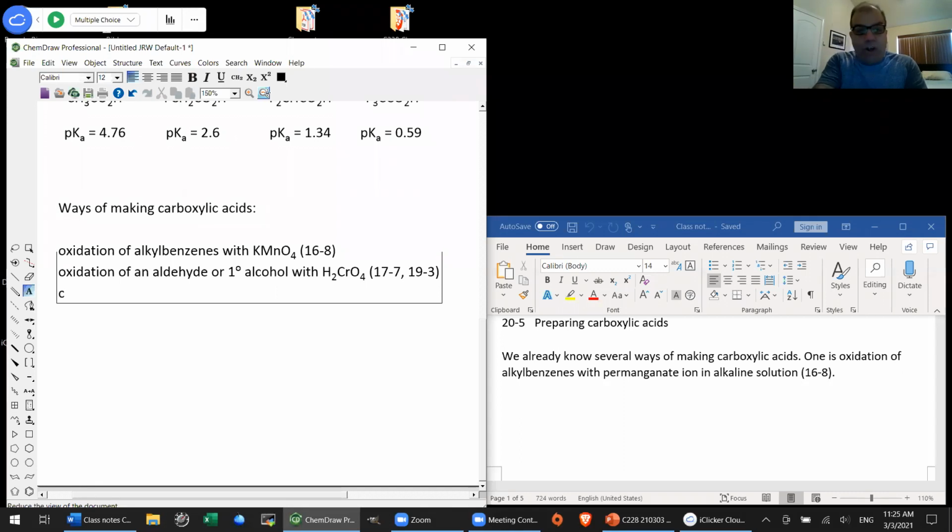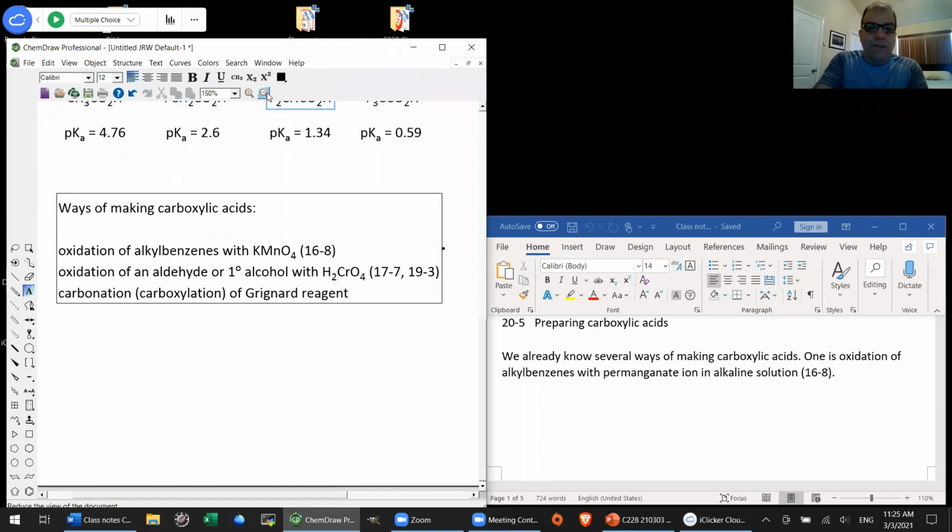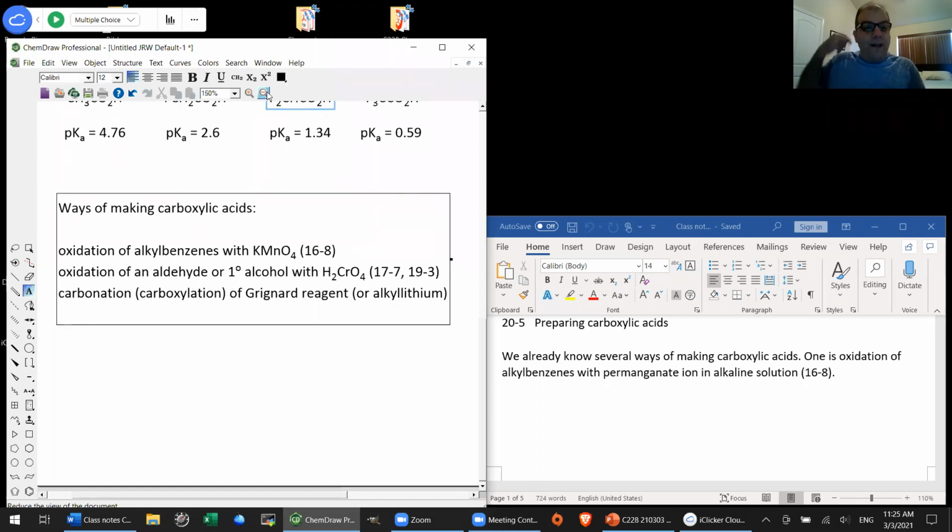There's also carbonation. They sometimes also call it carboxylation of a Grignard reagent. Or I mean, you could certainly also use an alkyllithium. And basically it just involves, we'll go over this with some examples next time, adding nothing other than CO2, carbon dioxide, to a Grignard reagent.